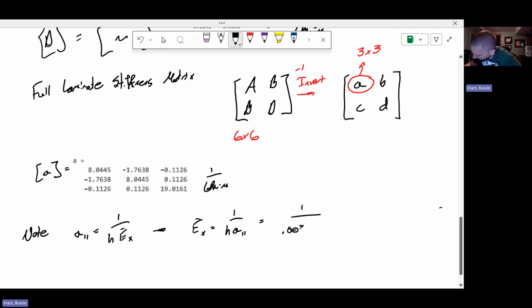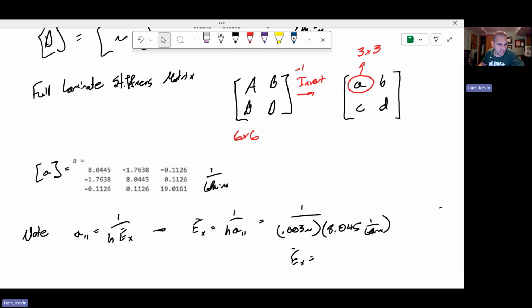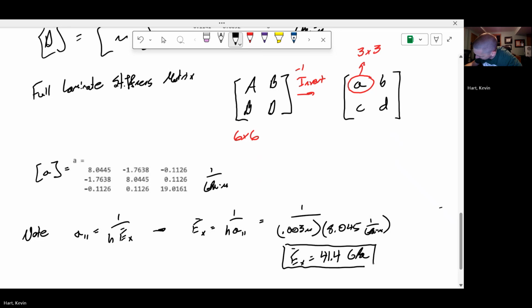This is 0.003 meters times A11, which is 8.045, 1 on GPA meters. So if you work through this, you'll find that E bar X is, drum roll, 41.4 GPA. Okay, so that's E bar X, 41.4.